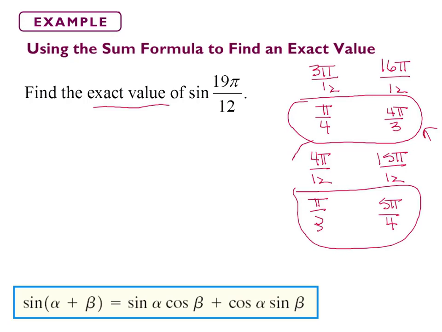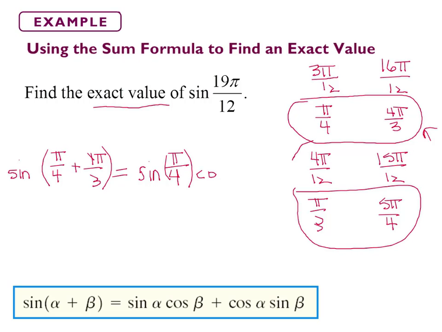We can say that the sine of pi over 4 plus 4 pi over 3 is equal to the sine of pi over 4, cosine 4 pi over 3.